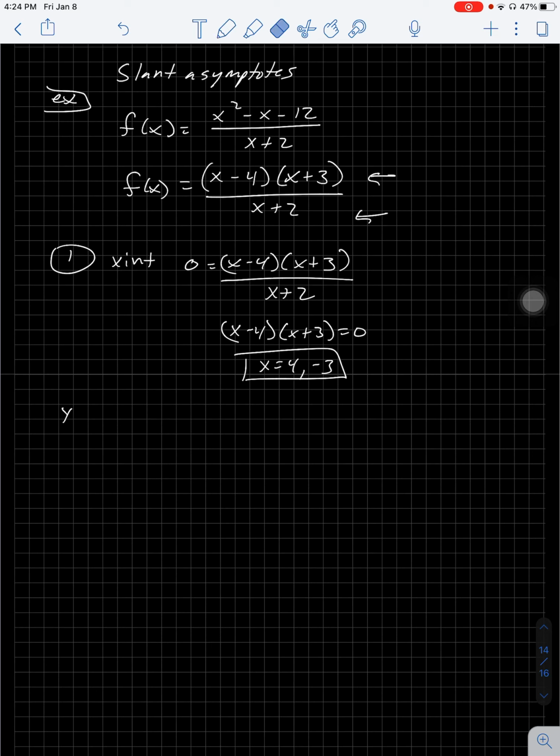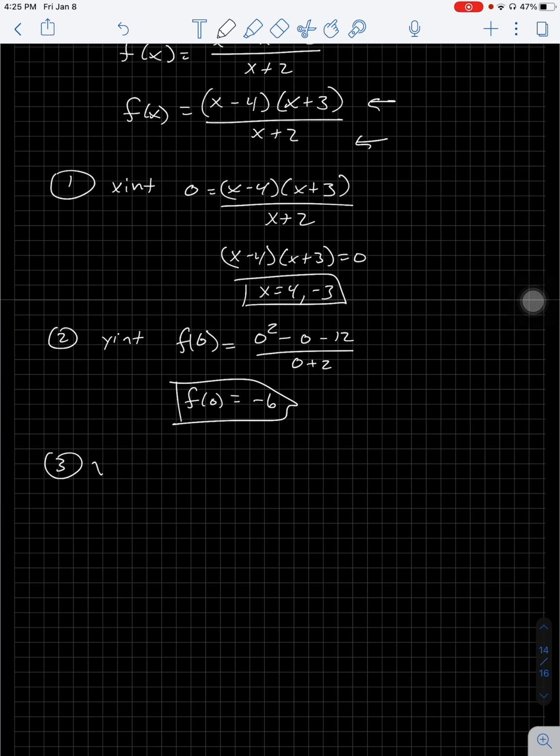My y-intercept is my next step. I'm plugging in 0 for x. I'm going to plug it into the top form. You can plug it into the factored form if you want. Doesn't matter. You get the same answer. I get a -6.